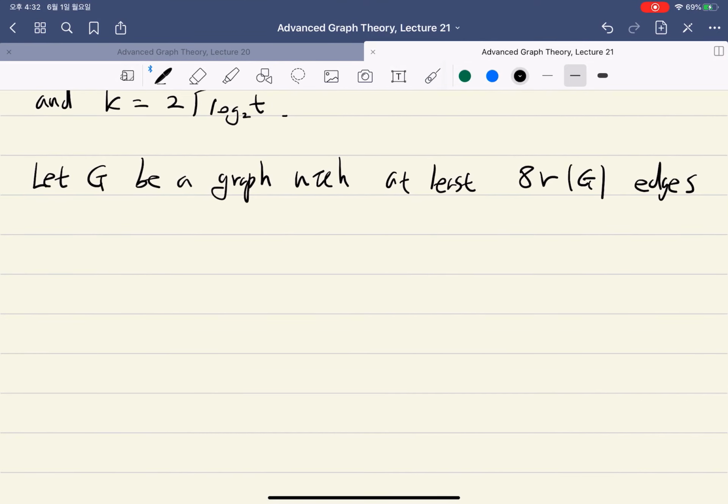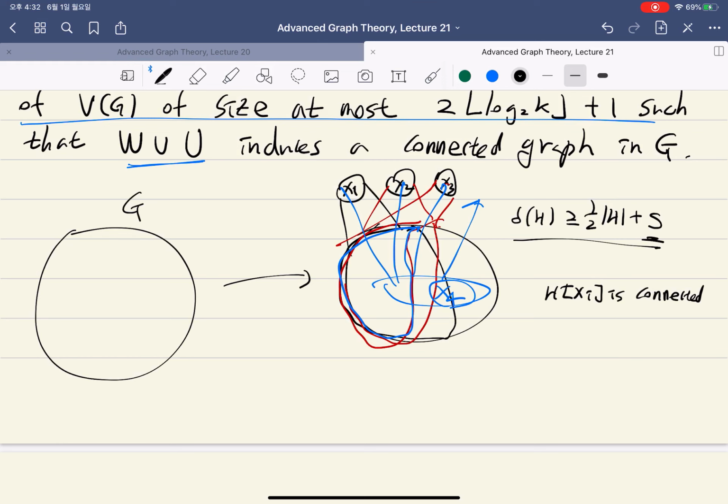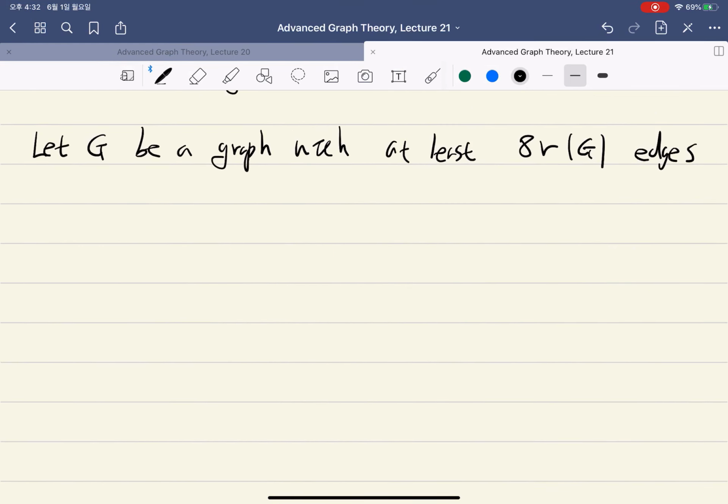So now what we first want to do is take a minor of G, which is an H, which has large minimum degree. For that we want to use some technique.